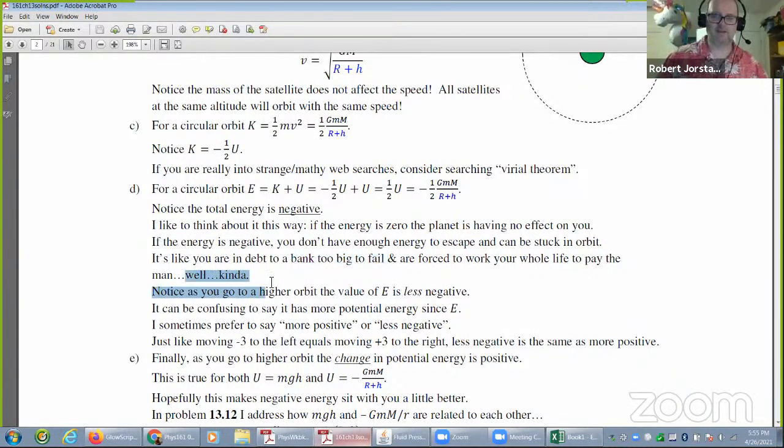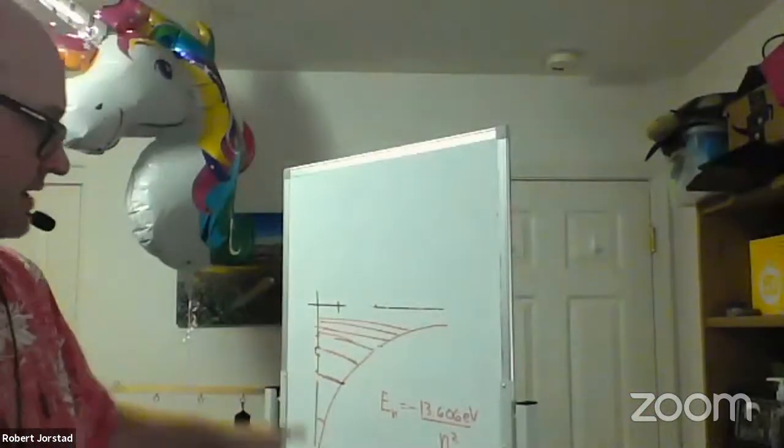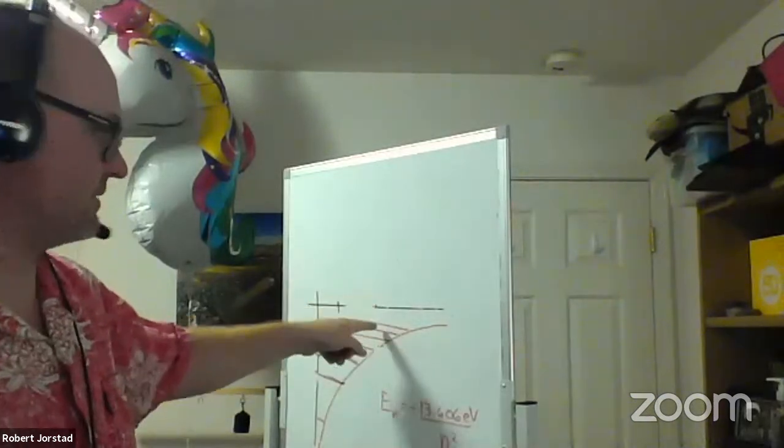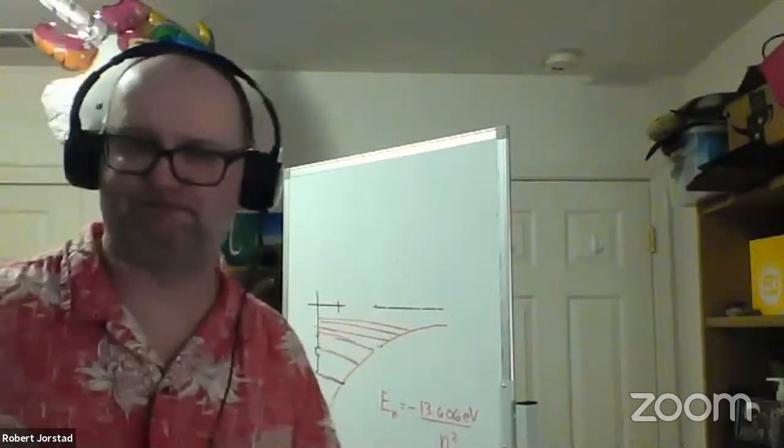Okay, so anyways, you could either say the energy becomes more positive or less negative as you go to higher orbits. All right. Questions on that? That's what I was trying to show right there. You go to a larger radius, you end up at a less negative number.